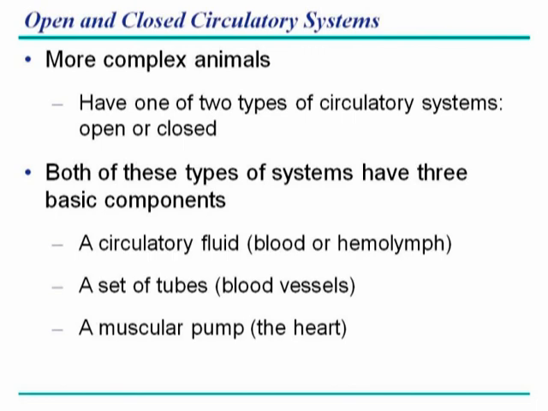Open and closed circulatory systems. More complex animals have one of two types of circulatory systems, open or closed. Both types have three basic components.